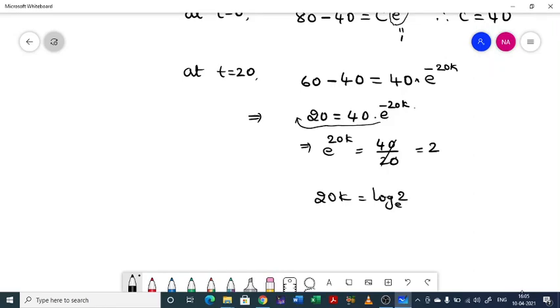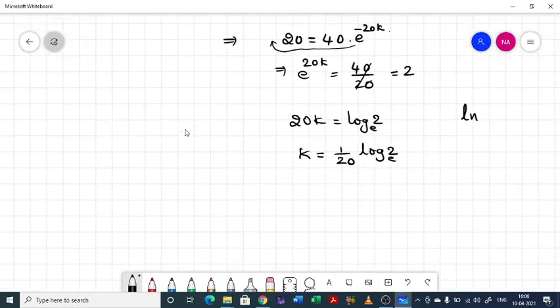Natural logarithm you have to use. On the calculator there is ln, you have to use that. So k will be, from this you can check using your calculator, 1 by 20. Yes, now I have not written the exact value, I have carried it like that, the exact value did not come. So k equal to 1 by 20.